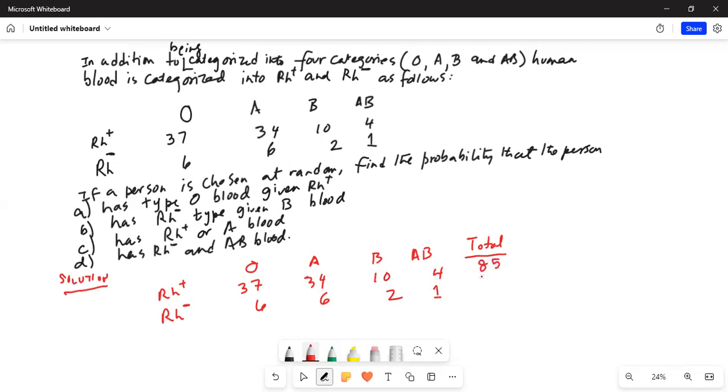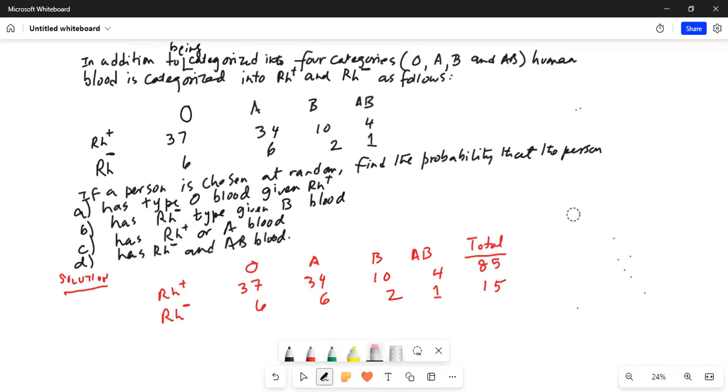And the total of Rh minus is 6 plus 6 plus 2 plus 1, which is 15.